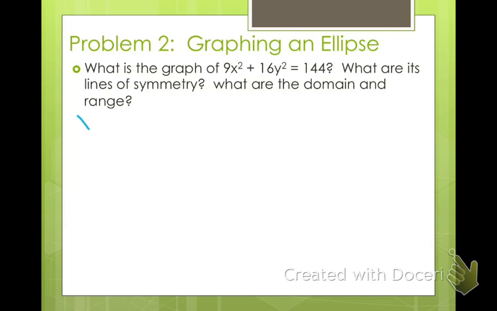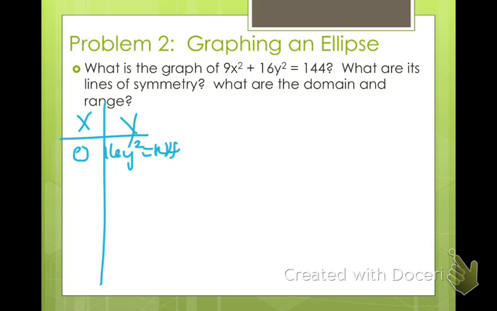So let's do the same thing by making an xy table. If we make x be 0, then we have 16y squared equals 144. And then if you divide 144 by 16, you get 9. So y is 3 and negative 3. Same thing for y.